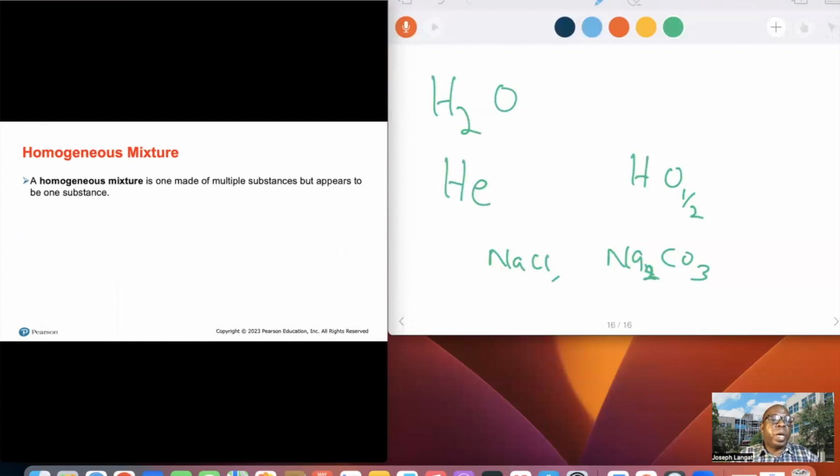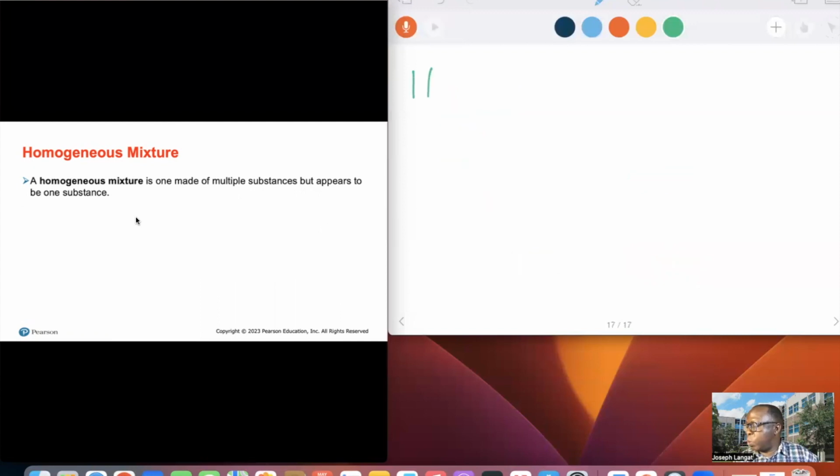Compared to a homogeneous mixture, homogeneous is a mixture made up of multiple substances, but they appear to be pure substances. Look at a homogeneous mixture, for example air.